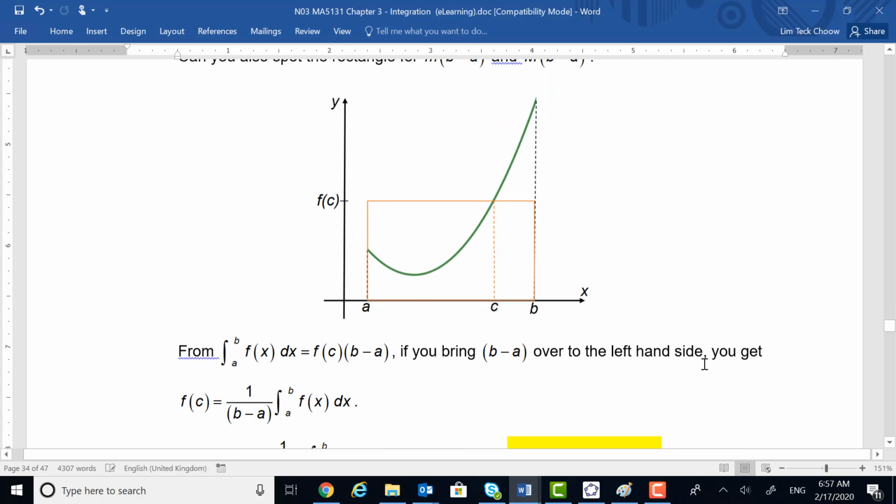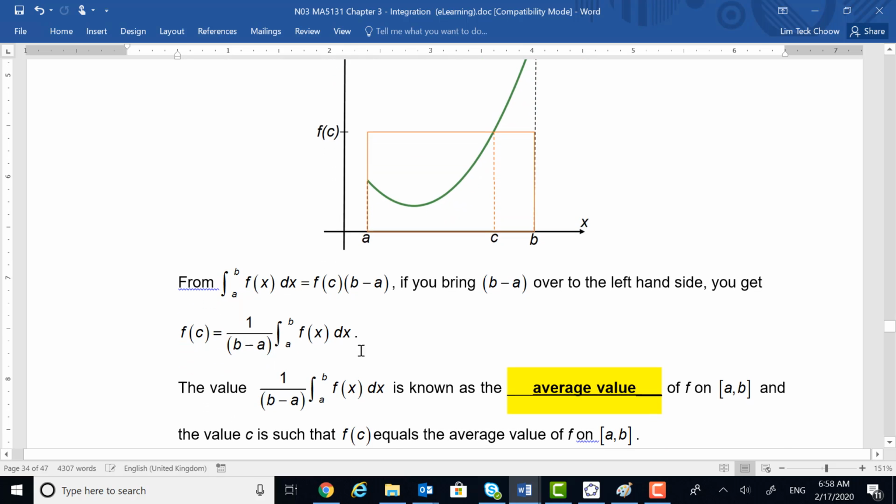And now, from this expression that we had just now, if you bring b minus a to the left hand side, you'll get this expression. So what you have here is f(c) is equal to this expression. This expression is actually called the average value of the function f on the interval [a, b].